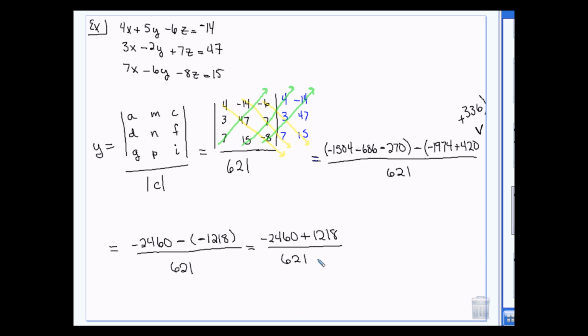So that gives me negative 1242 over 621. So I divide by 621, and I get negative 2. So y equals negative 2.